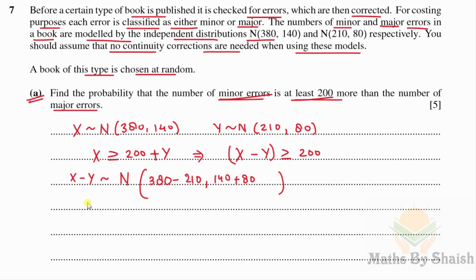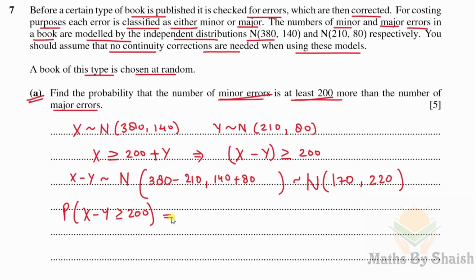So now it is going to be N(170, 220), since 380 minus 210 is 170, and 140 plus 80 is 220. So we need to find the probability of x minus y greater than or equal to 200.